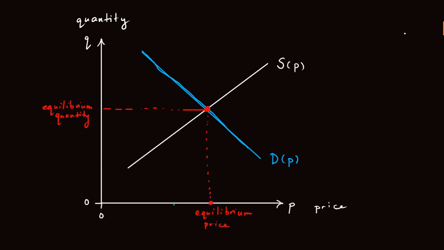Well, the idea is that if you're at a price that, say, was less than the equilibrium price, then the consumers would want to have lots of stuff provided to them. However, the suppliers would only produce this much. That's what the supply curve says, that you would only be able to produce this much.